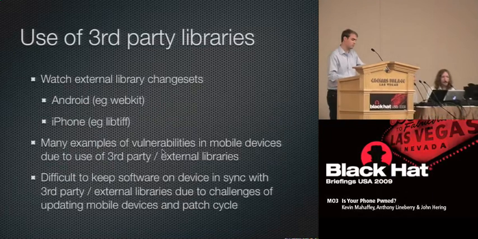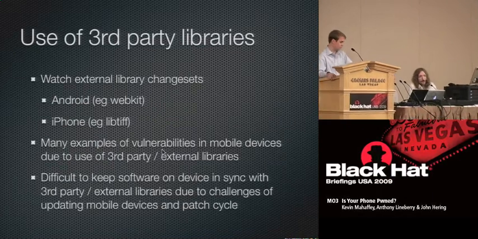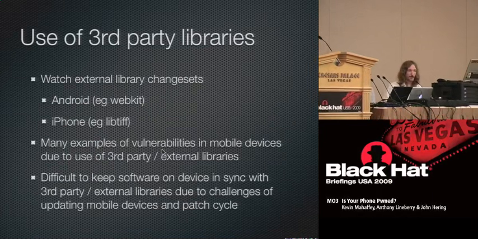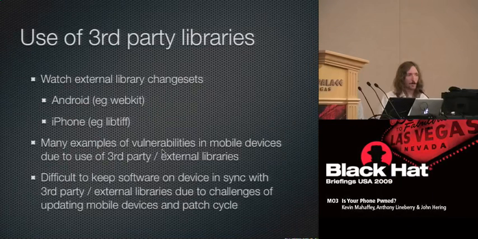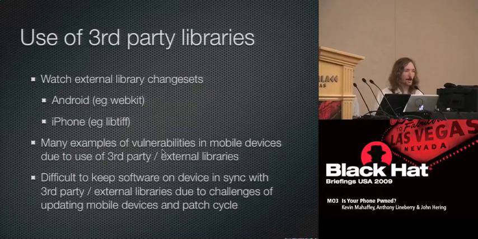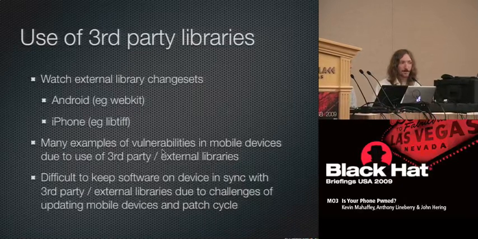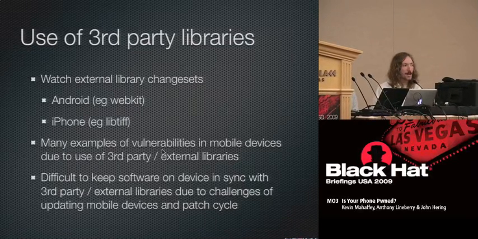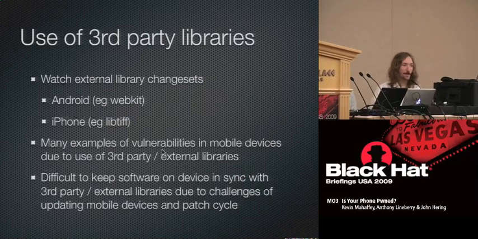Another thing that is a good way for auditing this stuff is really no different than the desktop in the case of using third-party libraries. There's always the problem of a vulnerability being discovered in some third-party lib, and any software that's implementing that will usually by default be vulnerable to that. We've had problems with that in Android and iPhone.